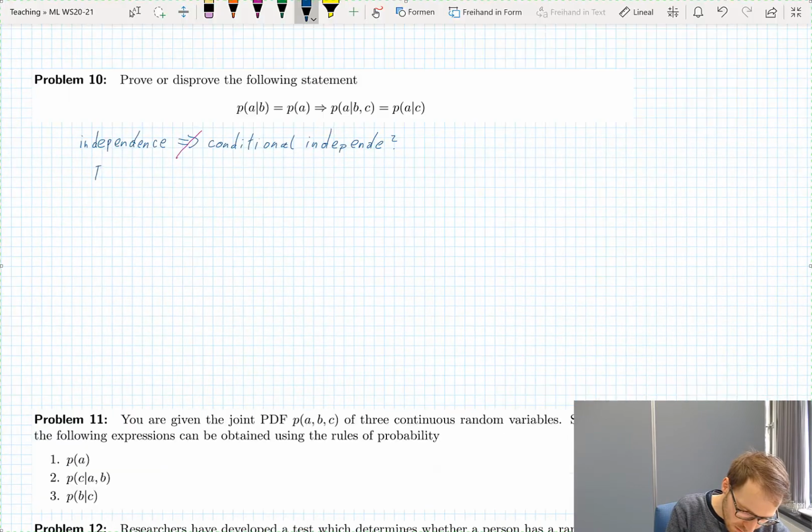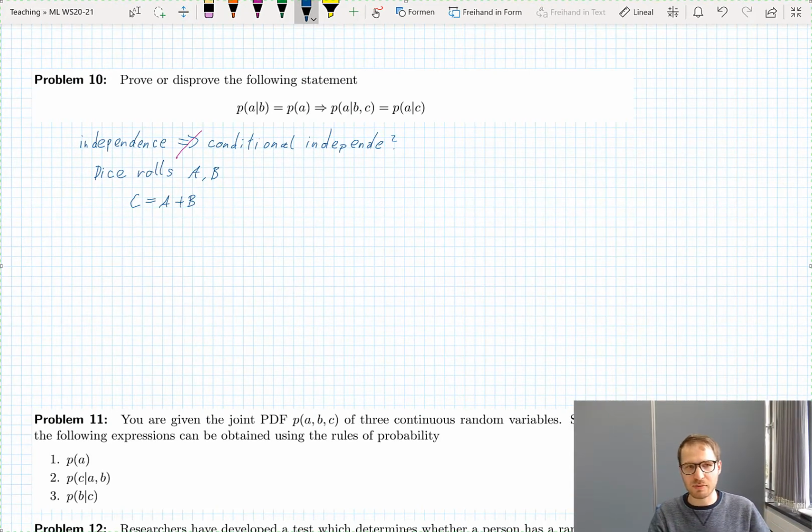So we have two dice rolls, A and B. And we have another variable which sums them up, C equals A plus B. An easy example of this is if you play Settlers, for example, or any other board games with two six-sided dice. You usually sum them up. So here we say, what if you rolled C equals 3? That's usually a very bad roll.